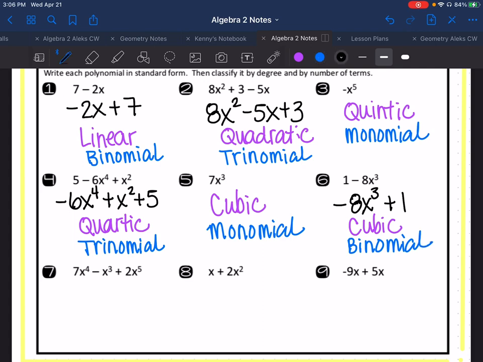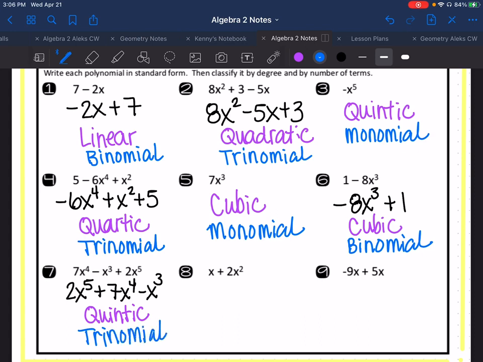All right, the last row. Number 7. It almost looked like it was in standard form, but 5 is bigger than 4, so I do need to make that change. The biggest one is 5, so this is a quintic. And there are 3 terms, so this is a quintic trinomial.